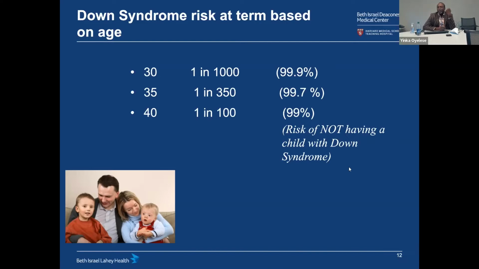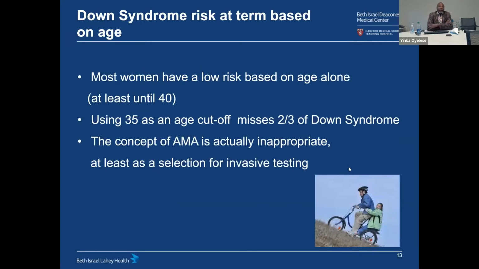However, unfortunately, this paradigm, which is terrible, still remains, and we still use 35 as a cutoff, which I think is incorrect. Actually, most women have a low risk if you look at the 99% chance that the baby doesn't have Down syndrome based on age alone, at least until age 40.